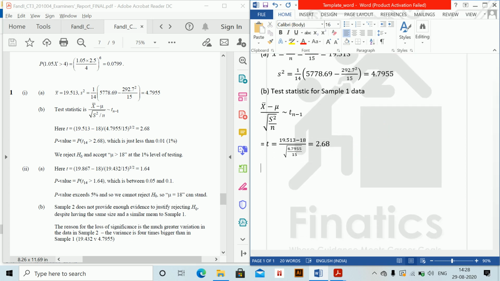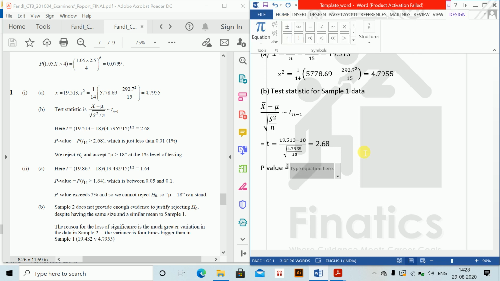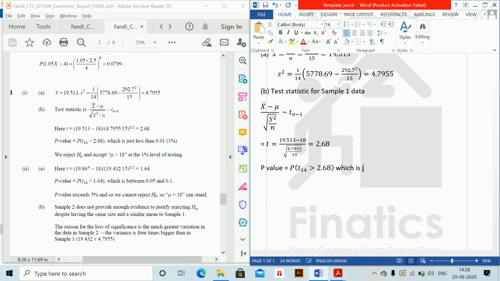Therefore the p-value is equal to the probability of t14 being greater than 2.68, which is just less than 0.01, or the 1% level of testing, from the tables.